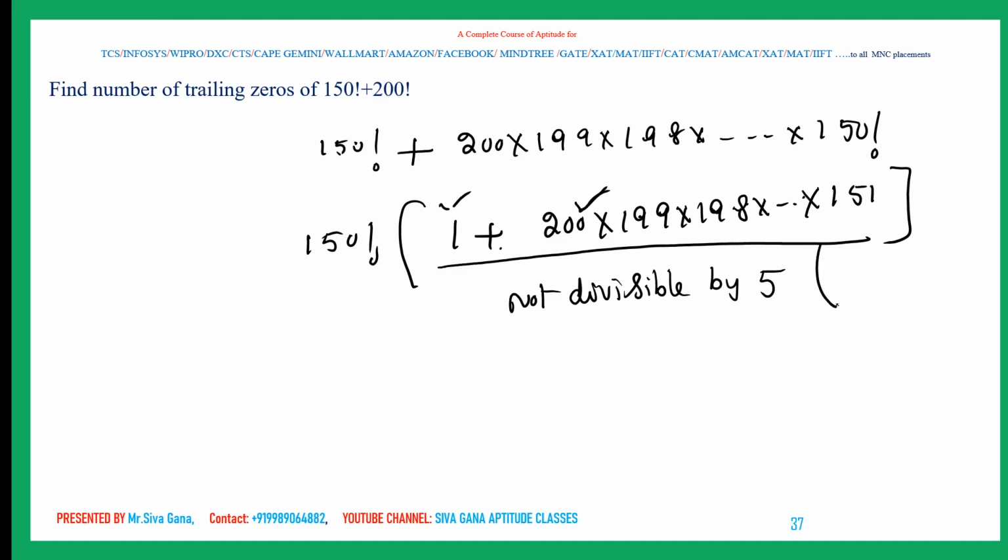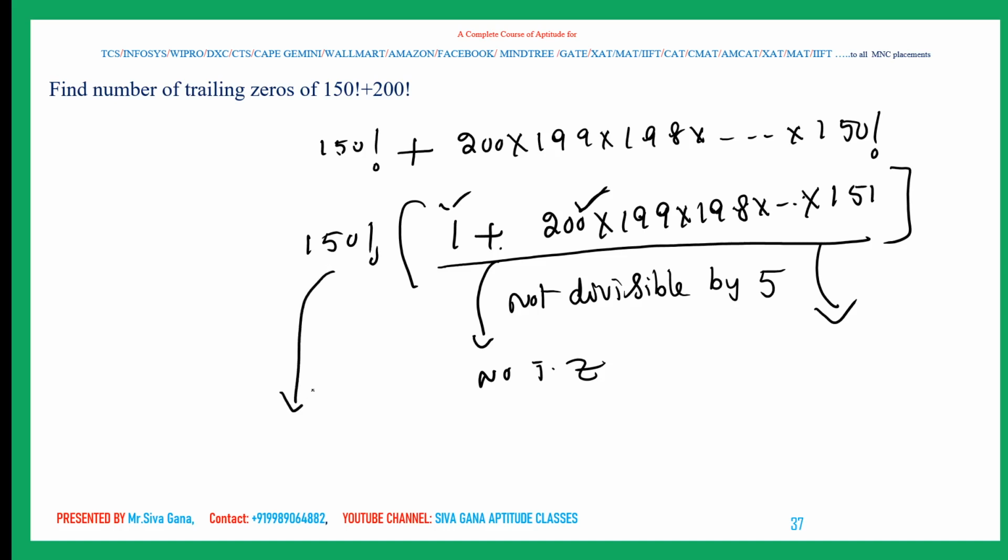Whatever the result, the unit digit in the bracket is 1. If the unit digit is 1, it is not divisible by 5. If not divisible by 5, there is no 5 power, and if no 5 power, no trailing 0. So from the number in the bracket, there is no trailing 0.